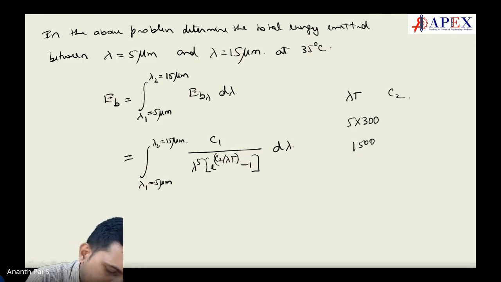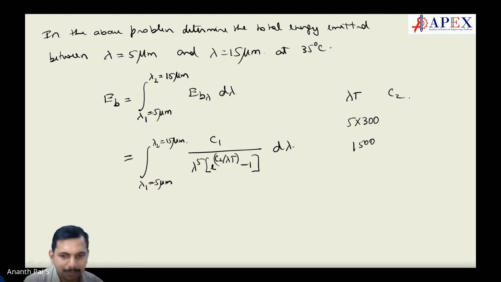Integrating is a nightmare, I suppose. So integrating, you have got 270.13 watt per meter square using calculator.